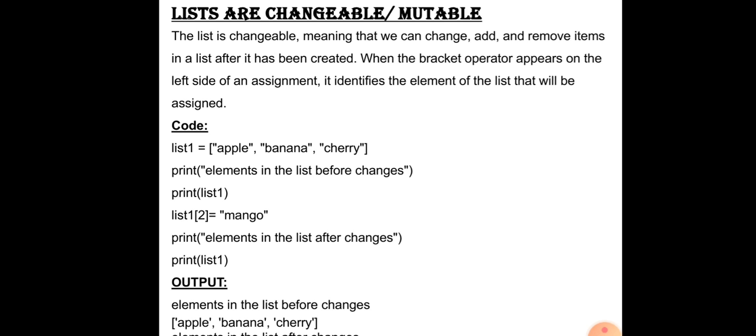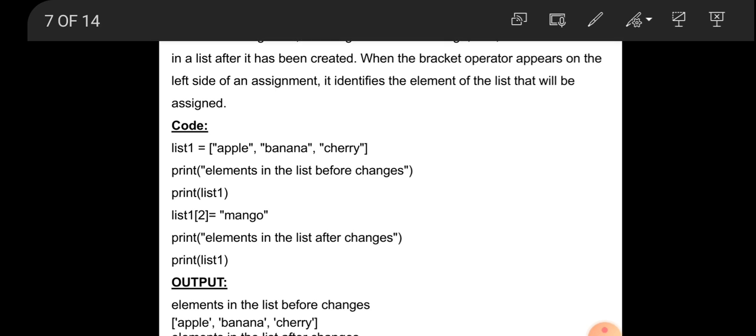So after changing the elements, I can display apple, banana and mango. Instead of displaying the value cherry, in the second position I have changed the element cherry to mango.